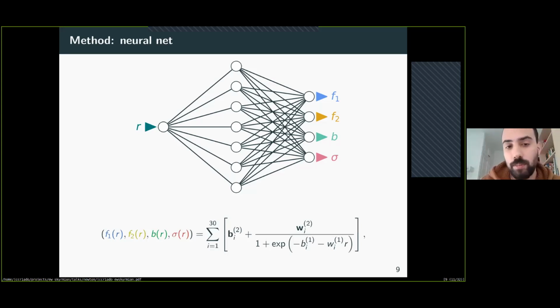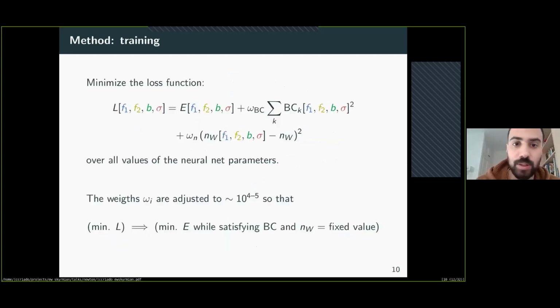So if we give it a value of r, it outputs the value of these four functions at that r. And then we need to train the network so that it solves the problem that we want to solve. And this is usually done by means of a loss function. So you have some function L, which you compute.